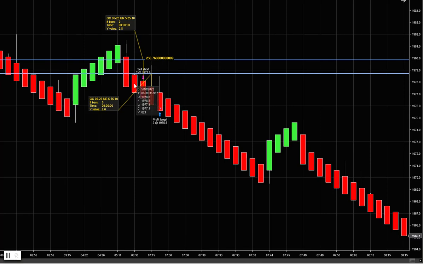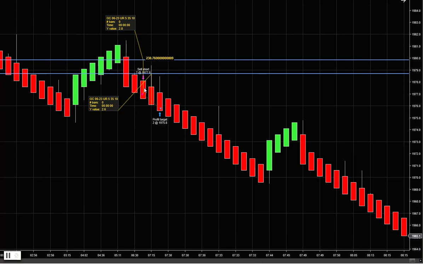The signal bar's low is 1977.1 right here. One tick lower would be 1977.0.